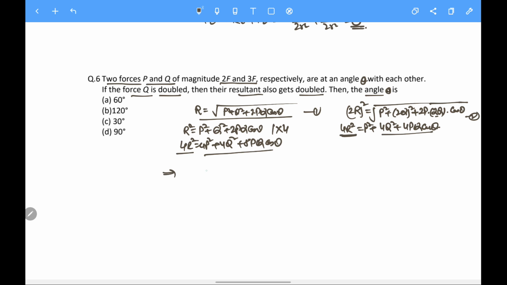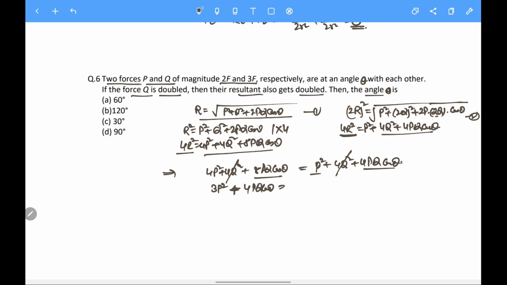That means 4P square plus 4Q square plus 8PQ cos theta should be equal to P square plus 4Q square plus 4PQ cos theta. 4Q square will be cancelled out, and we bring this P square to the left side, so it remains 3P square plus, as this is 8 and this is 4, that means 4PQ cos theta, equal to 0.